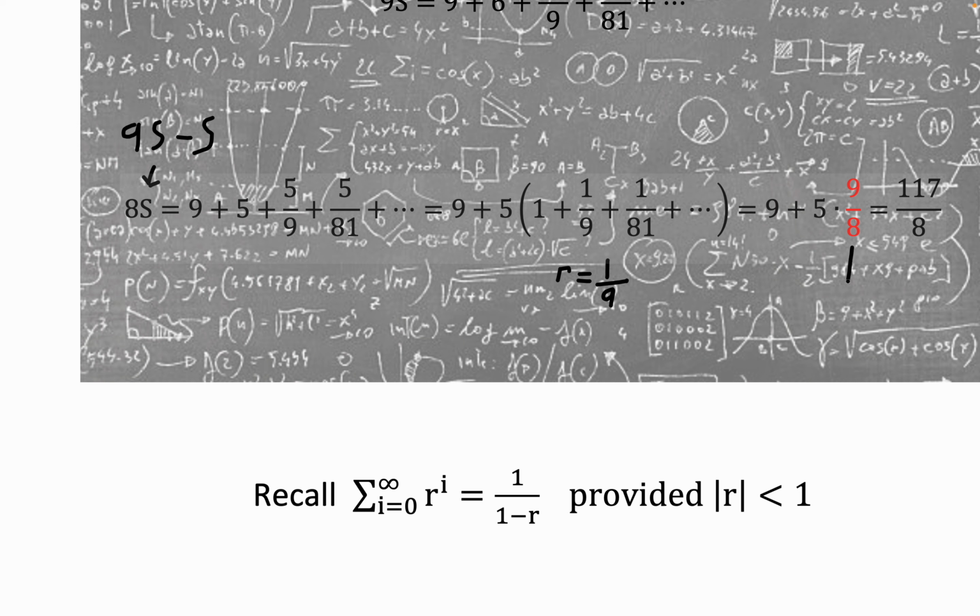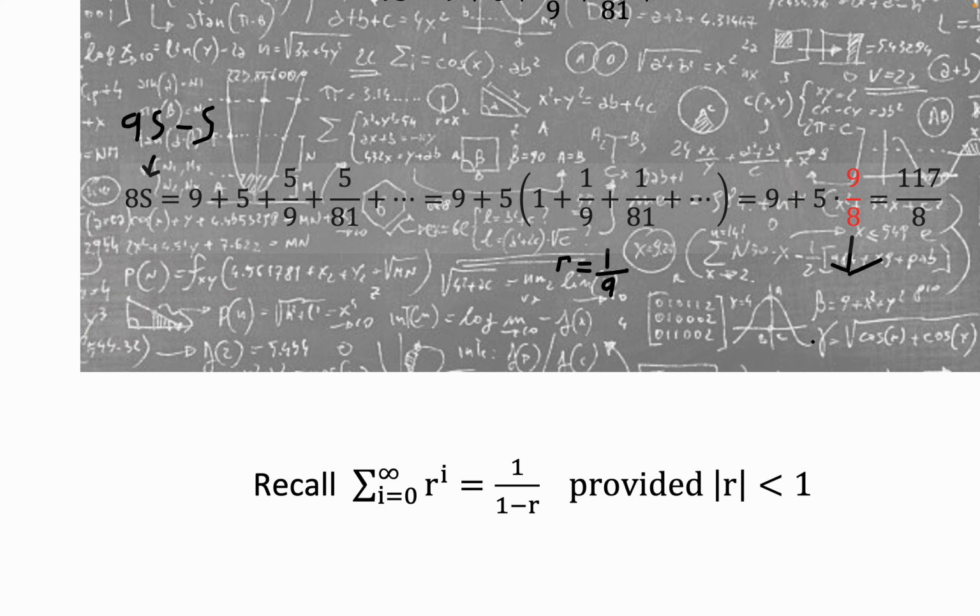And so we actually get, in this particular case, the 9/8 that you see right here, which came from this formula. The first term is certainly 1, right? And so you have 1 over 1 minus 1/9.